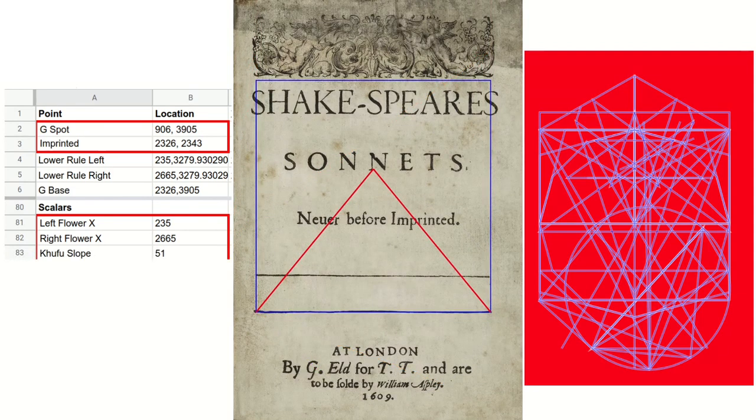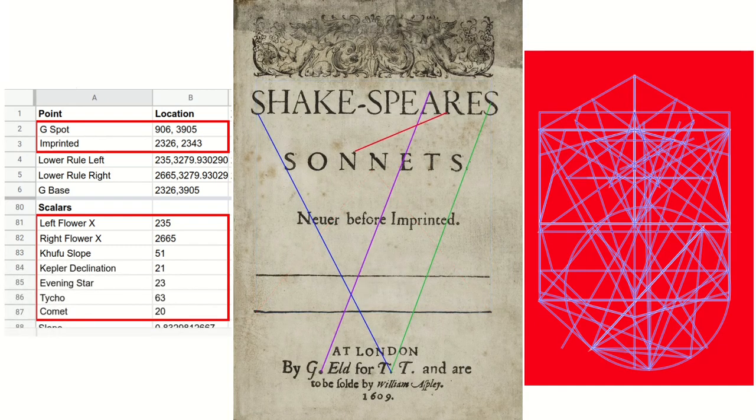Right, now there are 5 other variables that are integer degrees, integer angles, and the first is that one, which is the slope of a particular building in Egypt, which is exactly 51 degrees.